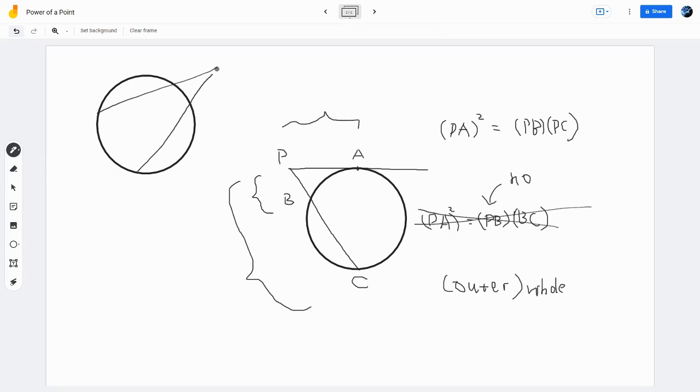This is P, and we have two secants. We have PA times PB is equal to PC times PD. Again, outer times whole is equal to outer times whole is one way you can remember it.